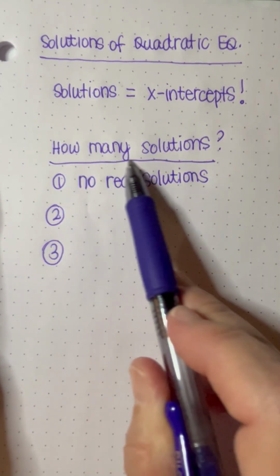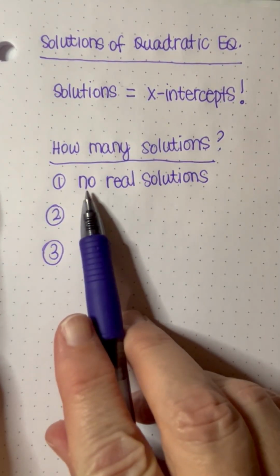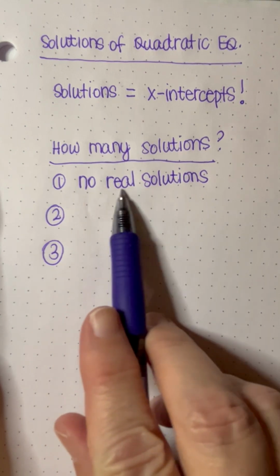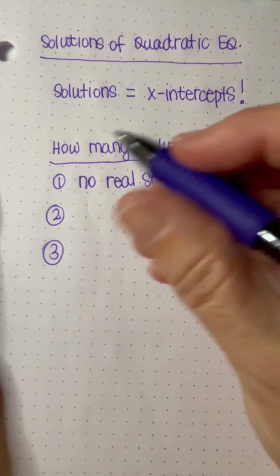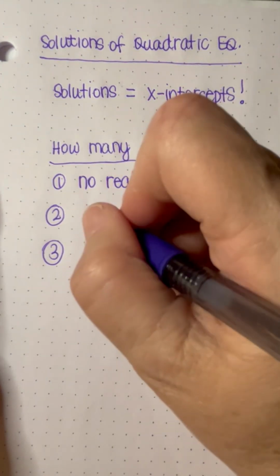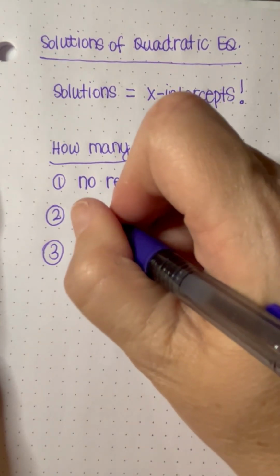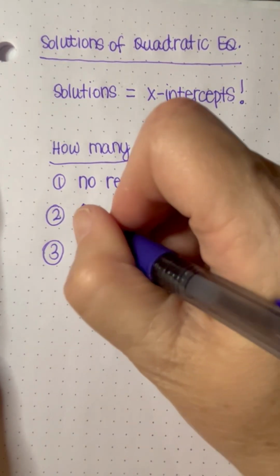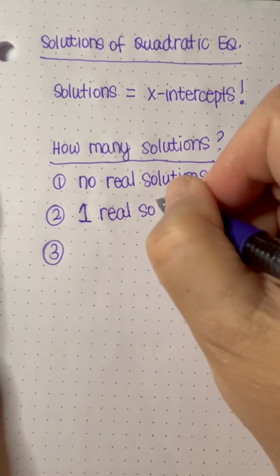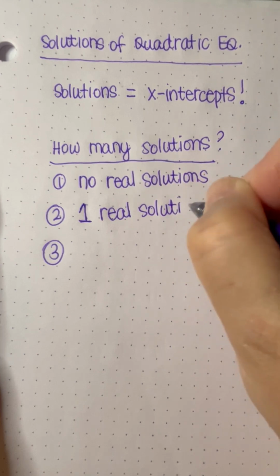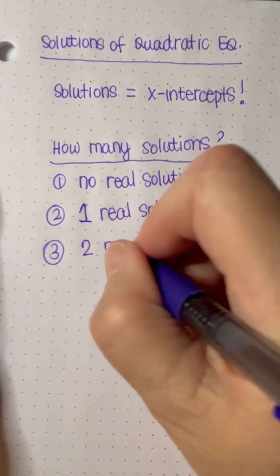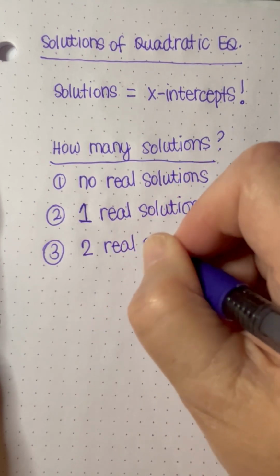So when they ask the question, how many solutions, one of the options is that there will be none. So no solutions, but they'll throw that word real in there. Don't let that throw you off, okay? A second possibility for the how many solutions question is that there will be one. So one real solution. And then the third and final possibility is that there will be two real solutions.